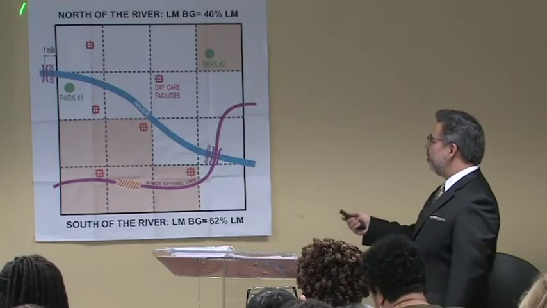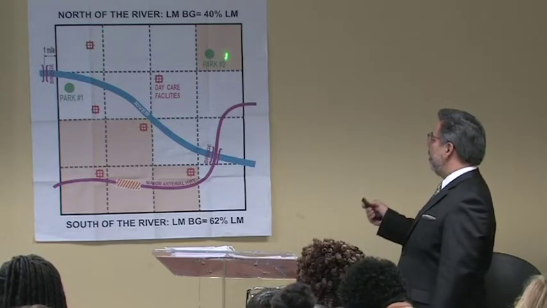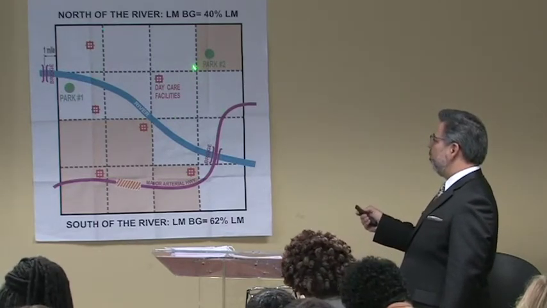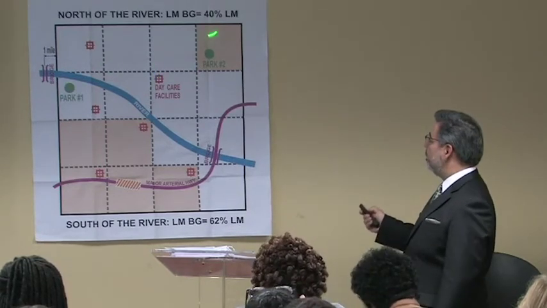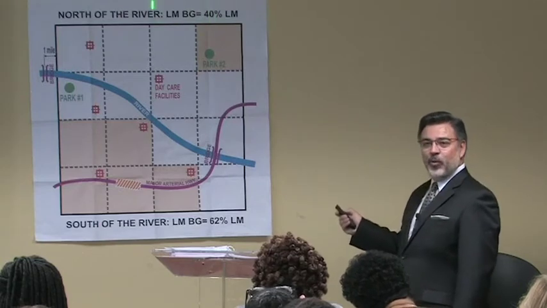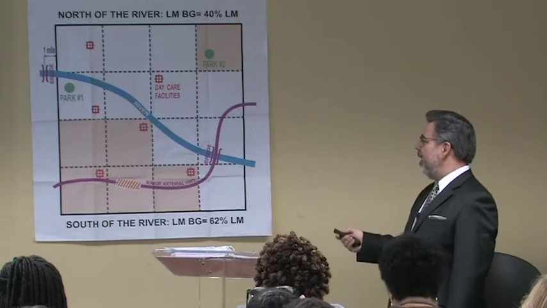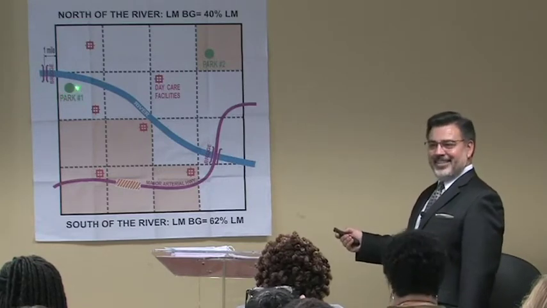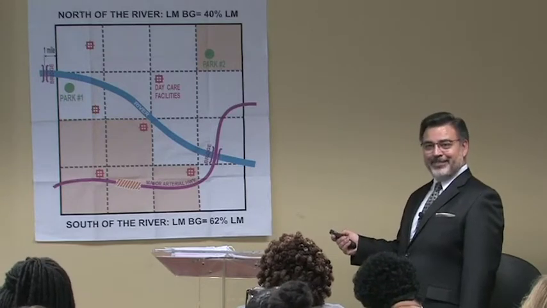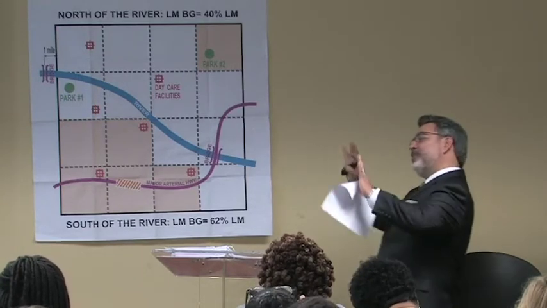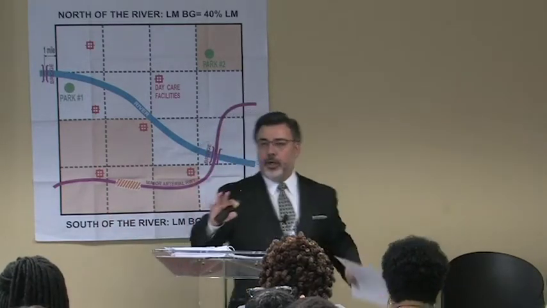Once we've defined the service area using those 5 factors, then we determine, okay, I'm adding all of these census tract block groups to determine what my low mod percentage is. And as a result, believe it or not, the one park that is in a low mod block group is not eligible, and the park that is not in a low mod block group is actually eligible. So don't get these preconceived notions about being in a low mod block group before you actually do your analysis.